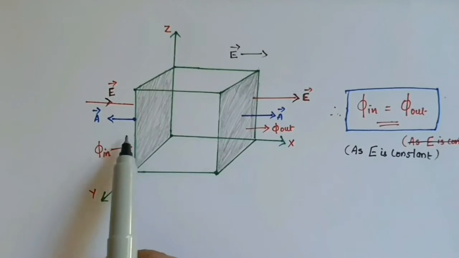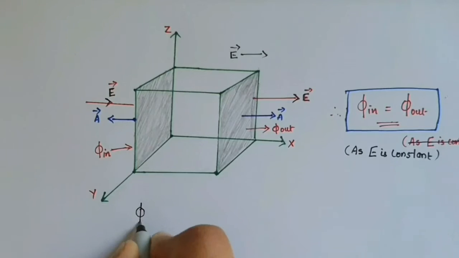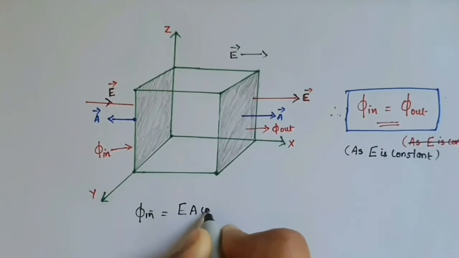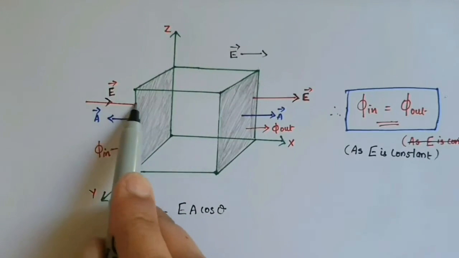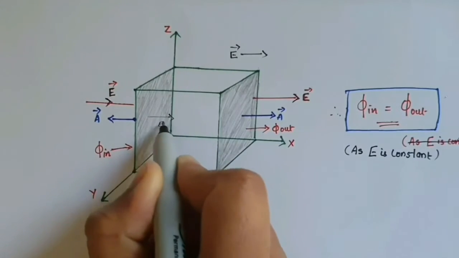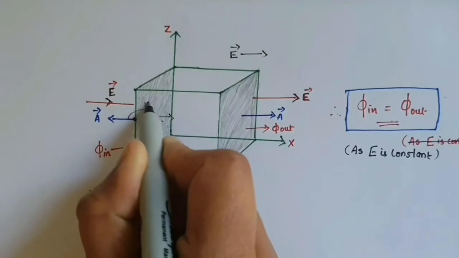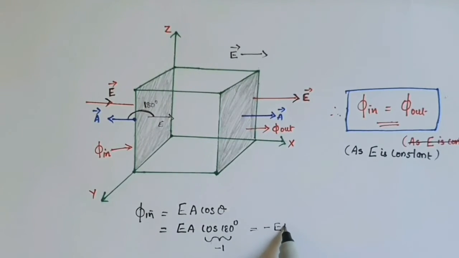Now, what is the flux through this left face? That is phi in. Phi in is equal to EA cos theta. Since the electric field is acting along this direction and the area vector is acting along this direction, the angle between these two is 180 degree. Now, cos 180 is minus 1. So, this is equal to minus EA.